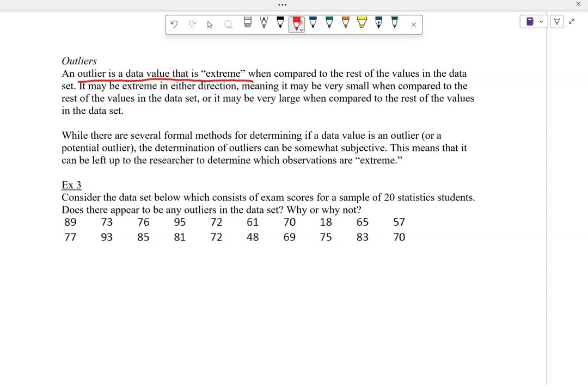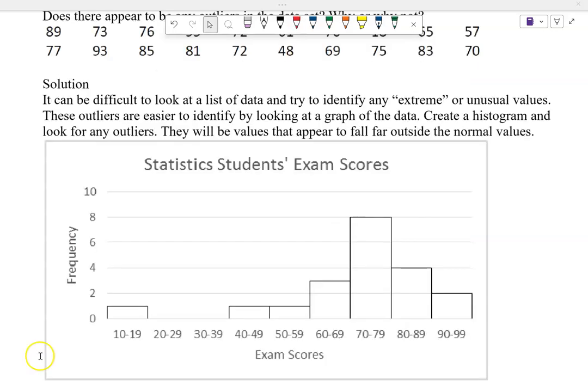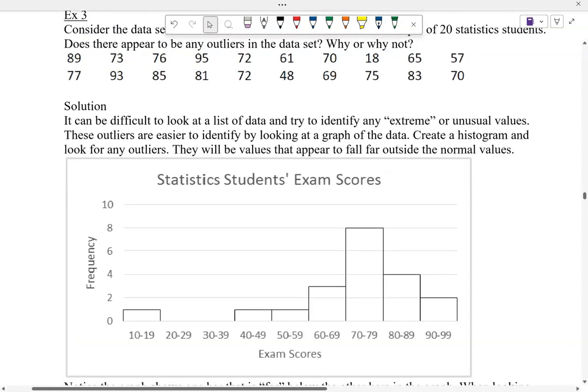But let's look at this set of data. It's probably difficult to look at this list and identify any extreme values or outliers. But if you put this on a histogram, you'd have a much easier time doing that. So let me pull up the visual of this as a histogram. Hopefully you can see that there's just that number 18.